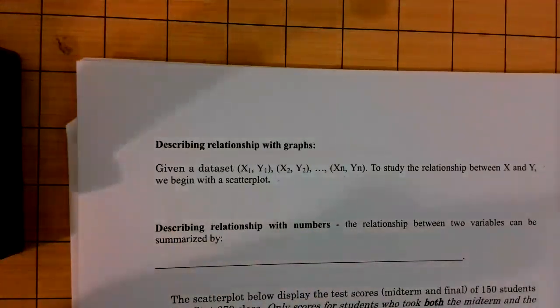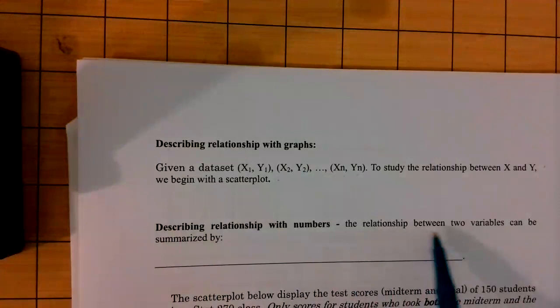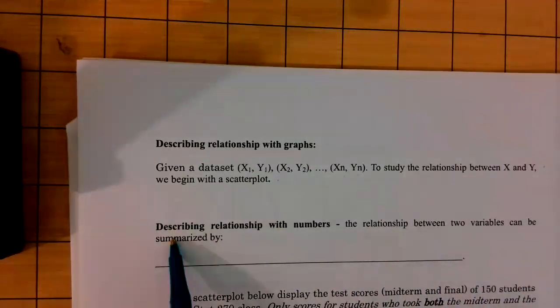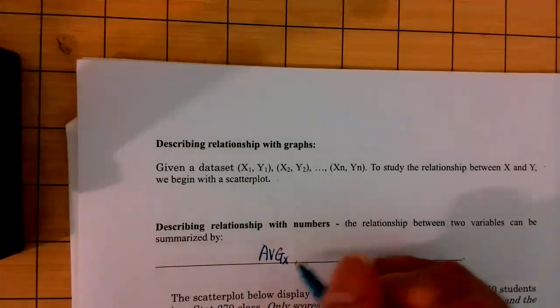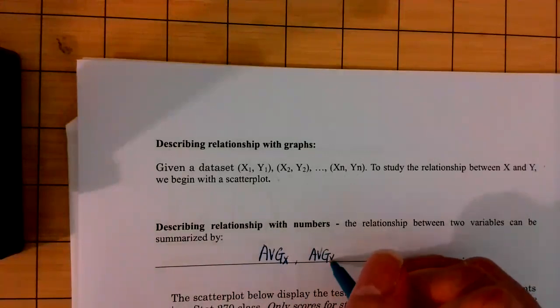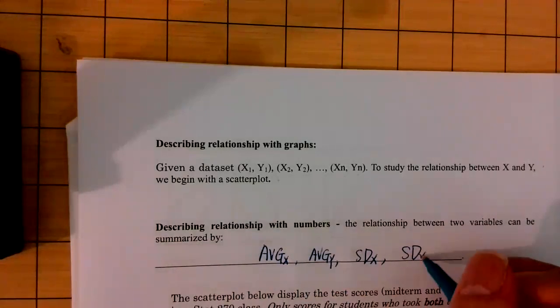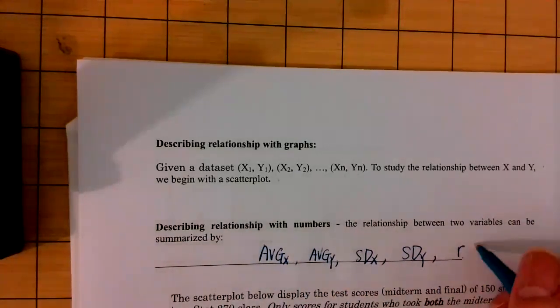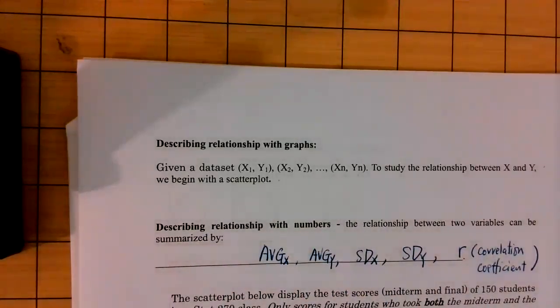If you want to give more detailed description, okay, you go for numbers. And the relationship between two variables can be summarized by what? By average x, average y, standard deviation x, standard deviation y, and R. R is the correlation coefficient.